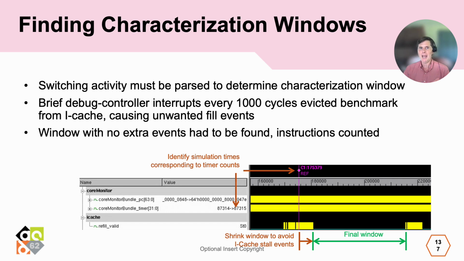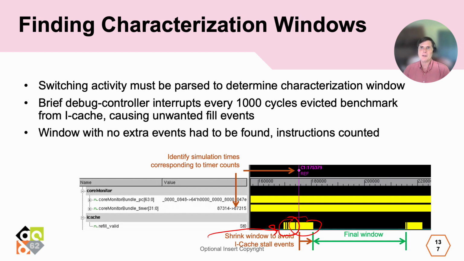When that would happen, it would evict a whole bunch of instructions from our instruction cache, generating a bunch of instruction cache misses, as we show down here, and then a whole bunch of instructions, of course, that had nothing to do with the workload that we were trying to characterize. And then when it switched back into the user workload, we had a whole bunch of evictions again to reload the program that we were trying to simulate.